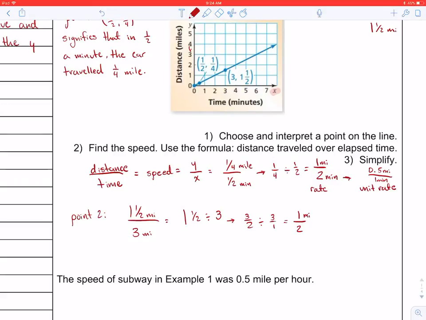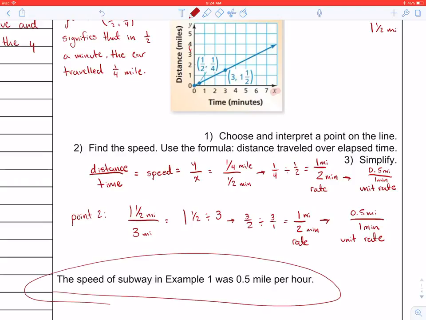And you get the same rate. You get that it travels 1 mile every 2 minutes, just as we got up here in this rate. And that makes sense because it's still the same subway car, so we shouldn't get a different rate. And so our unit rate will also be the same in that case. If our rate was the same, therefore our unit rate will also be the same. It will also be traveling half a mile every 1 minute.